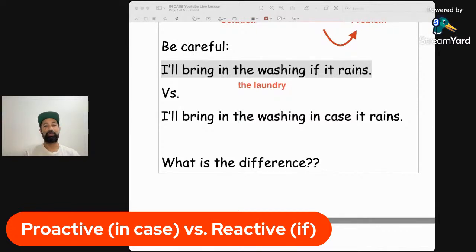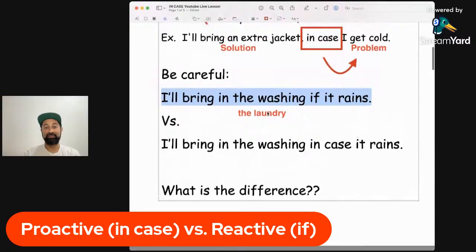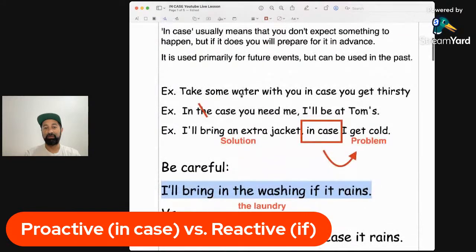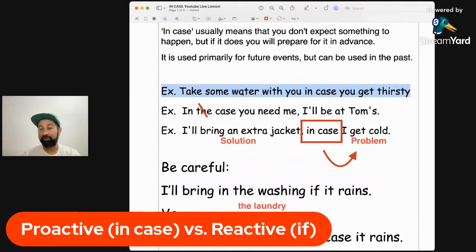You don't want the problem to be a reality. So you do something before. If we look at the previous examples that I showed you, take some water with you in case you get thirsty. I don't want to become thirsty. So I'm preparing. I've brought water. So I cannot be thirsty.